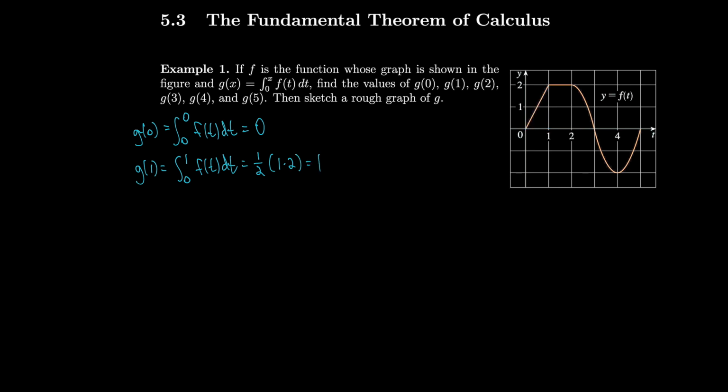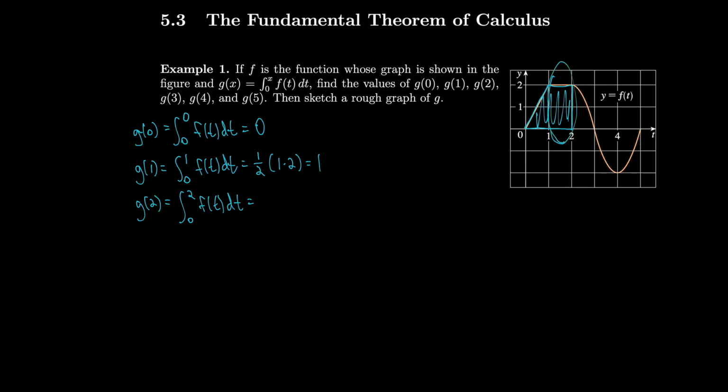Let's get the next one now. For g of 2, that's going to be the integral from 0 to 2 of f of t dt. So that's from 0 to 2, so it's this entire area that we're looking for. However, I already know that the area from 0 to 1 is 1, so all I have to do is get this area over here and then add it to my previous area.